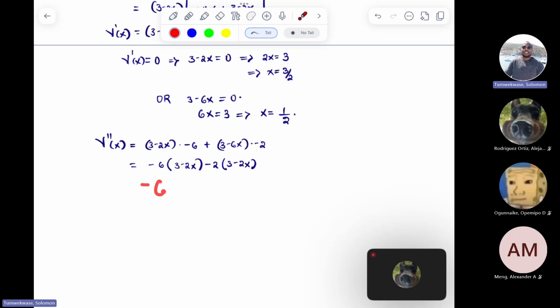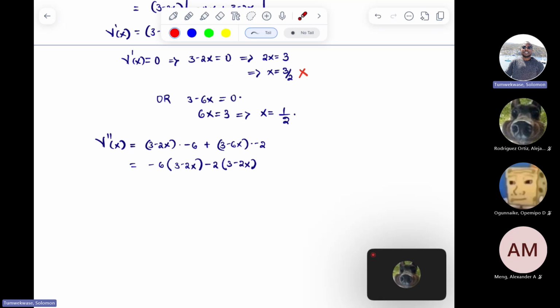I get negative 6 into 3 minus 3 over 2, so that is just a 0, right? Then I'm left with minus 2 into 3 minus 3 over 2, that is also 0. So that one doesn't give us a conclusion, and therefore this guy is out.